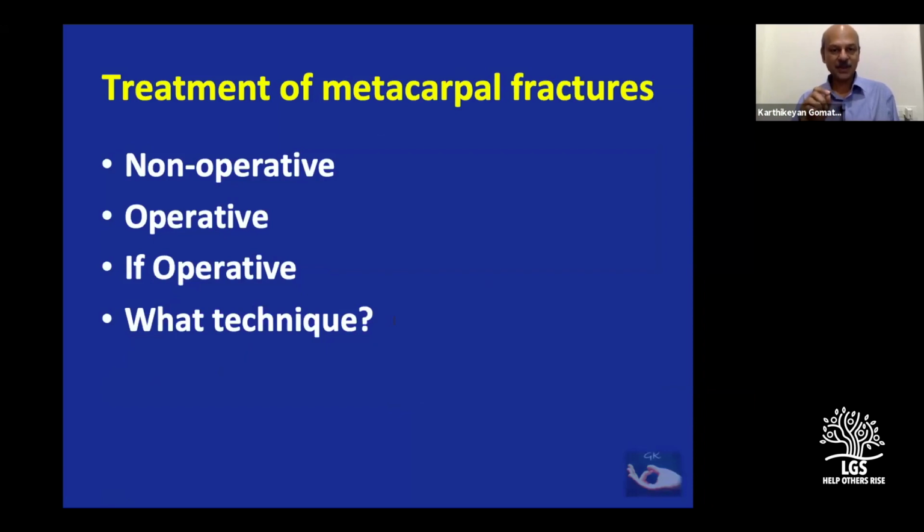Please remember, last week when we talked about the basics of fracture management, I told you the only complication of non-operative management of fractures is deformity. The complications of misguided operative management of fractures are not only deformity, but also stiffness. So keeping this in mind, we will go into the management.